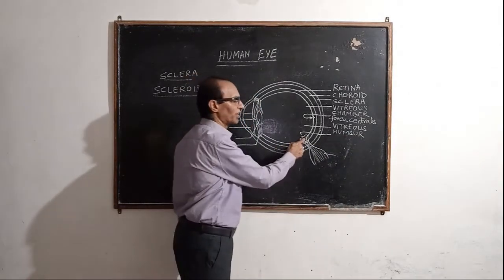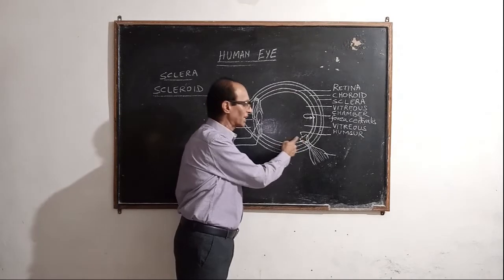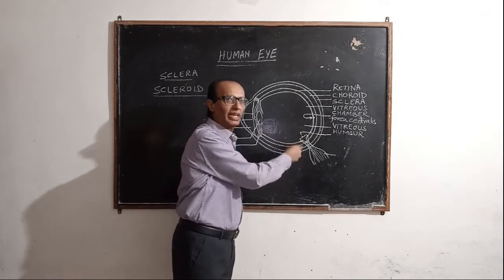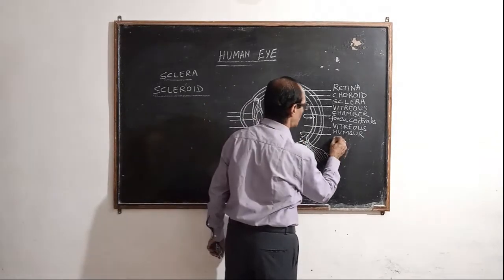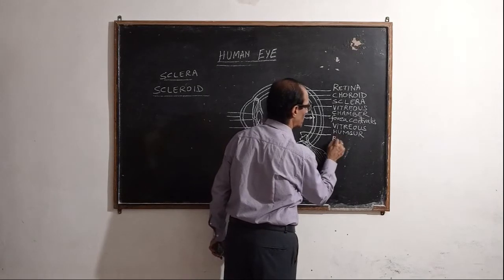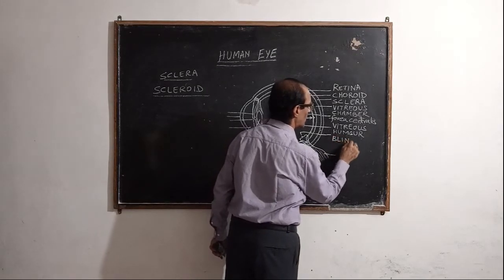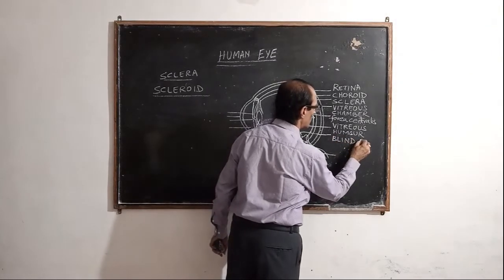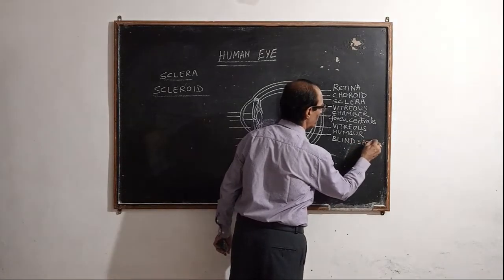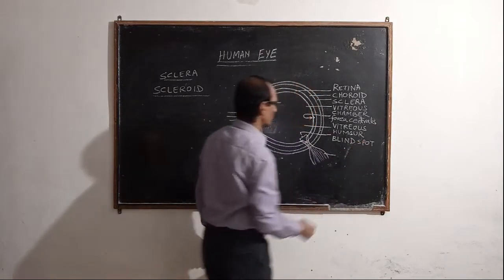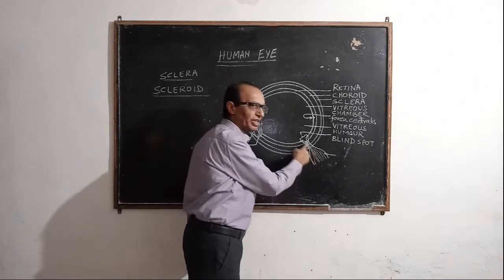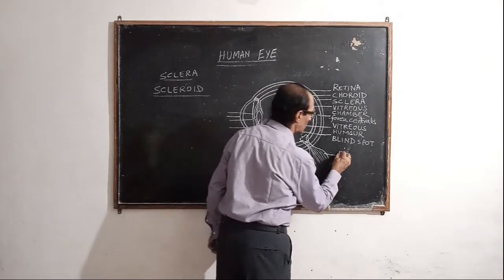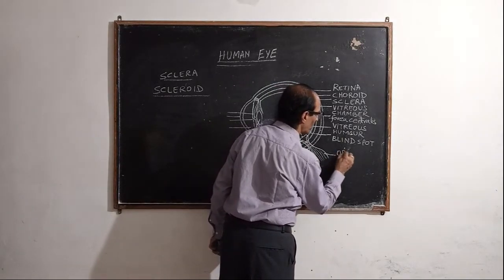This portion where the optic nerves are leaving the eye, where they are leaving the retina, that is referred to as the blind spot. Blind spot. Finally, these nerves which are leaving, these are the optic nerves.